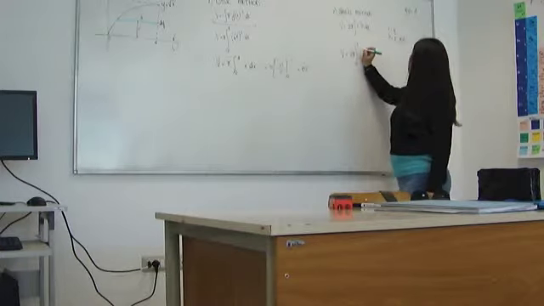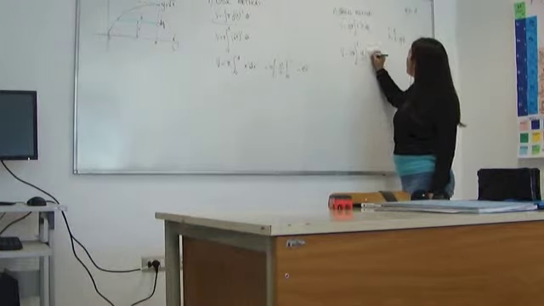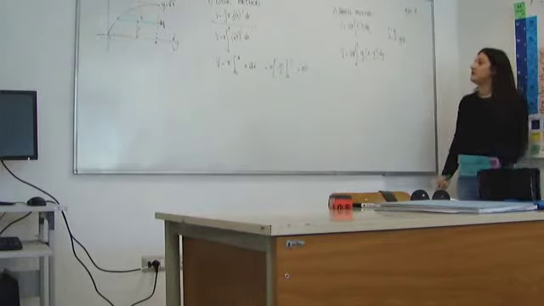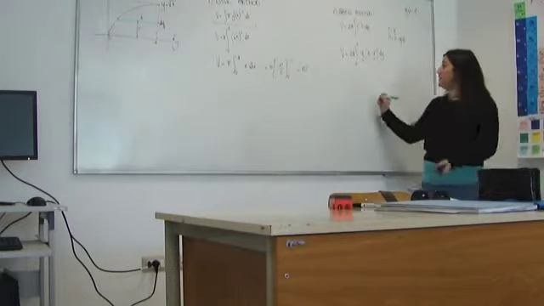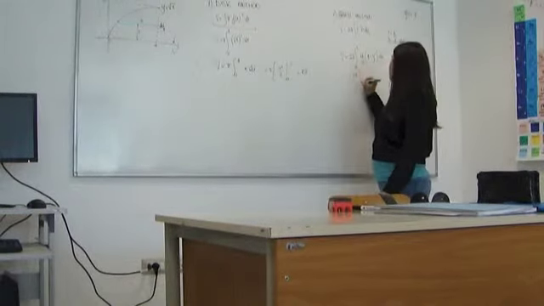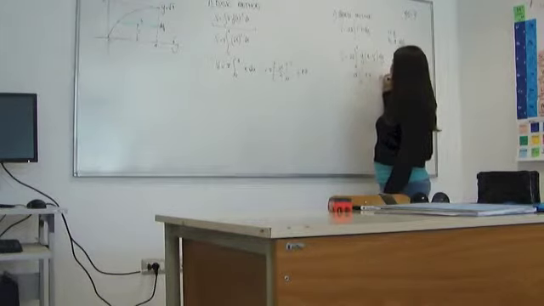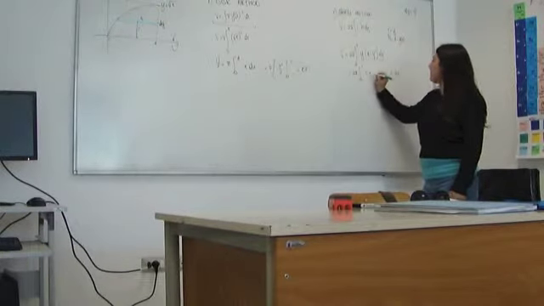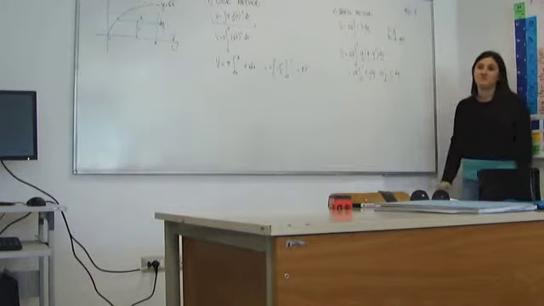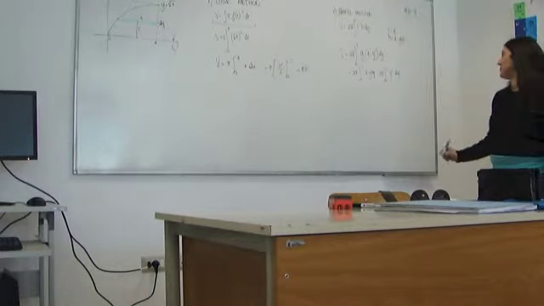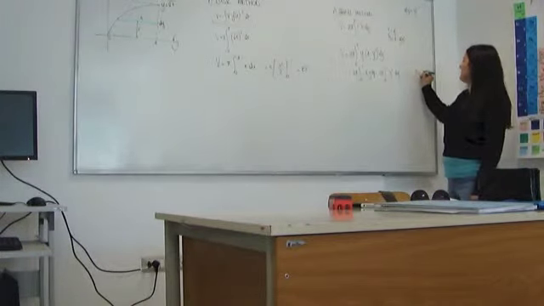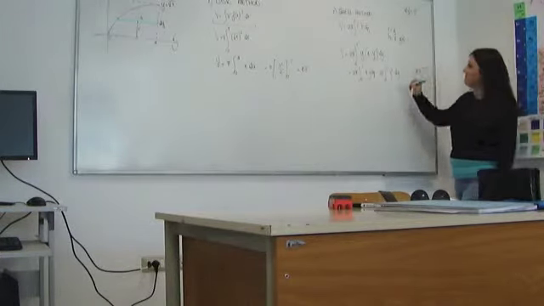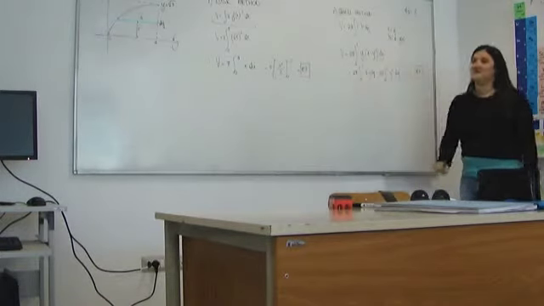So from 0 to 2 of y times 4 minus y squared dy, and this gives you the same result.